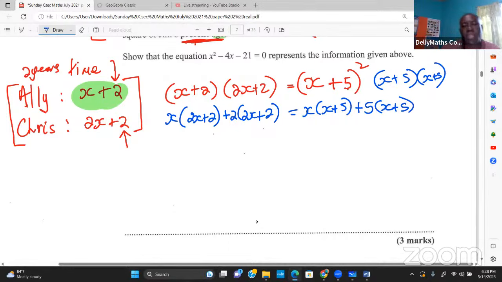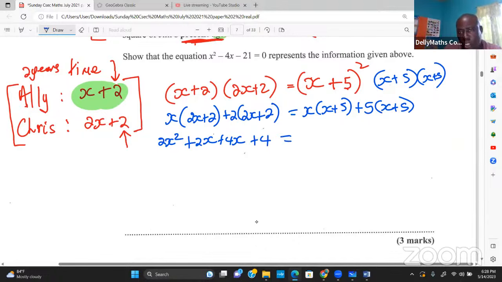So there it is. You want to put everything together. On the left side, x times 2x, I'll get 2x squared. x times 2, I'll get plus 2x. 2 times 2x will give me 4x. 2 times 2 will give me 4.